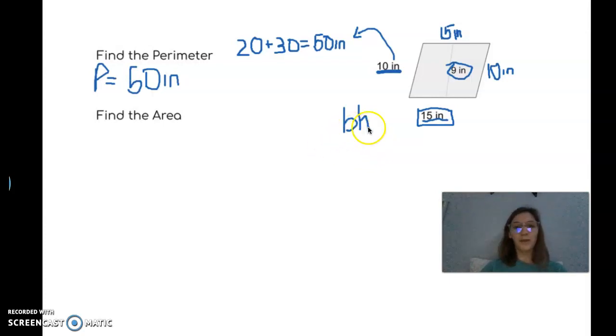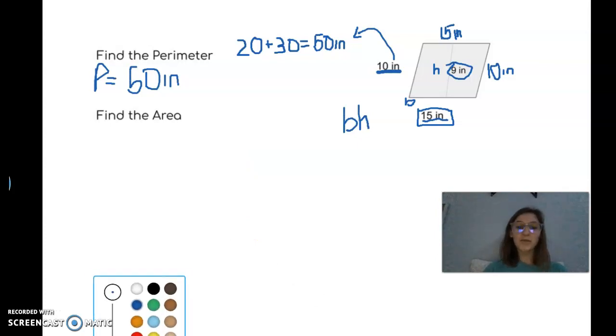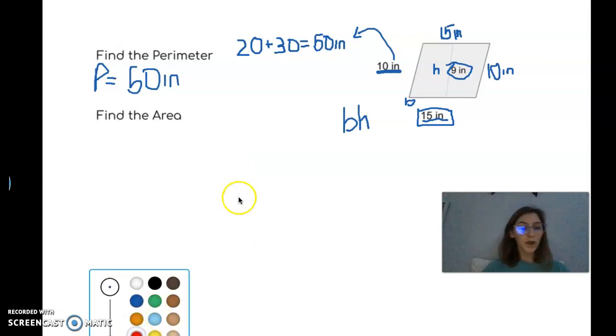It's going to look like base times height. Easy way to remember it. So we'll put an H over here for height and base. Base times height. So 15, let's move this over here. 15, let's also change our color just to be particular. Let's do yellow. Why not?